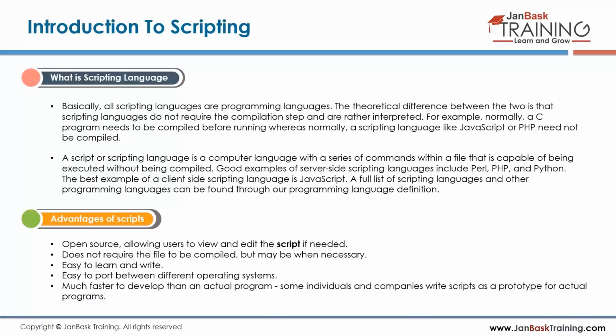Bash is called the Bourne Again shell. CSH is called the C shell. TCSH is called the TC shell. KSH is called the Korn shell. We'll get to know about all these shells in our upcoming sessions.